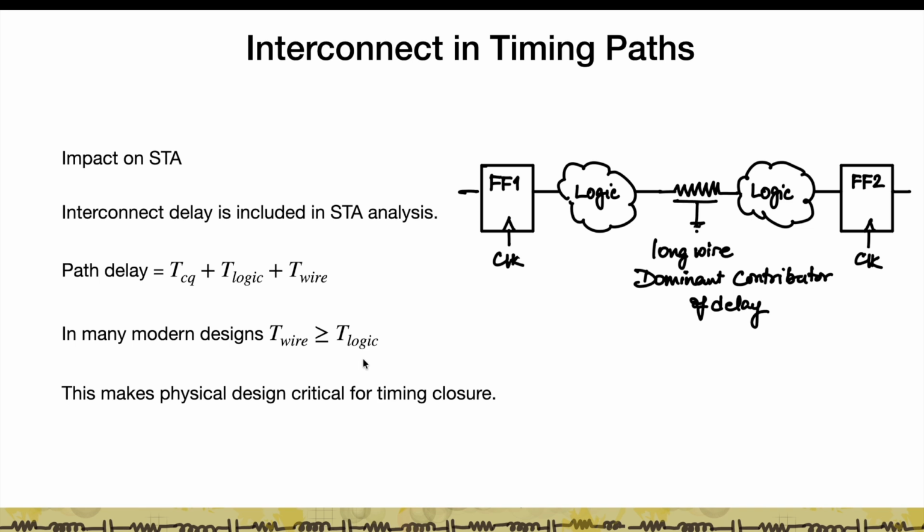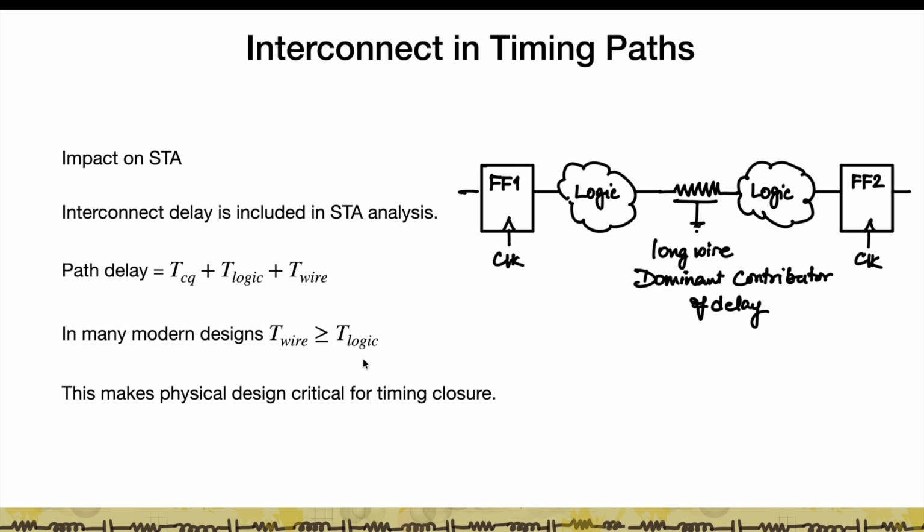This has a profound implication. You cannot achieve timing closure through logic optimization alone. A perfectly optimized gate level netlist dropped into a poor physical implementation with long interconnect will fail timing. The physical design, where cells are placed, how wires are routed, where repeaters are inserted, is equally important as the logic itself.